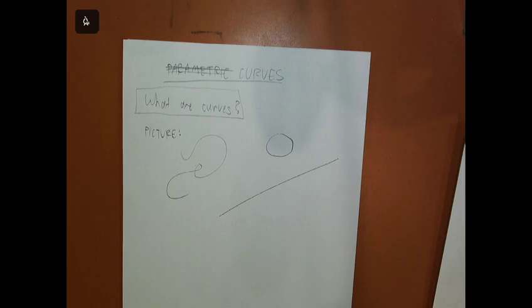Technically, you could be allowed to lift your pen off the page, but most of them are like this. So to a mathematician, a circle is a curve, a straight line is a curve. That one's not particularly straight, but it's supposed to be. Curve is not referring to the fact that it is curved, it's just a useful word that we've appropriated from ordinary English to describe something that you can draw like this.